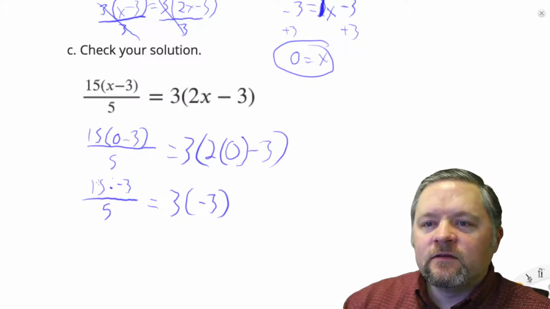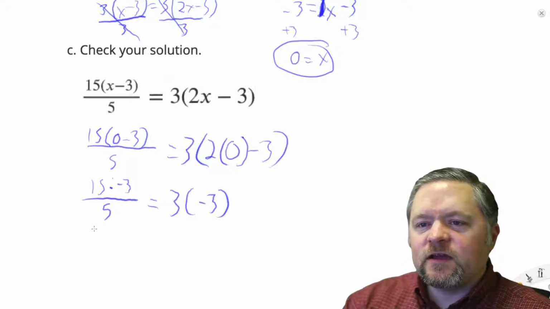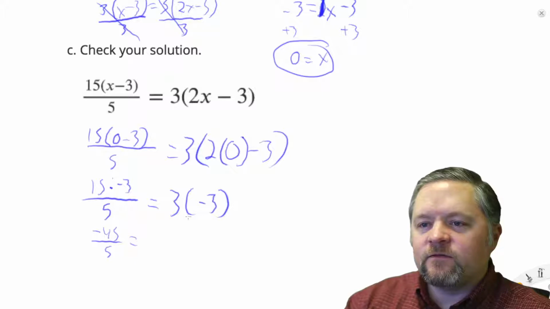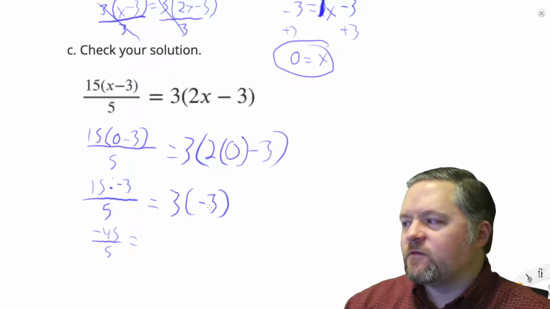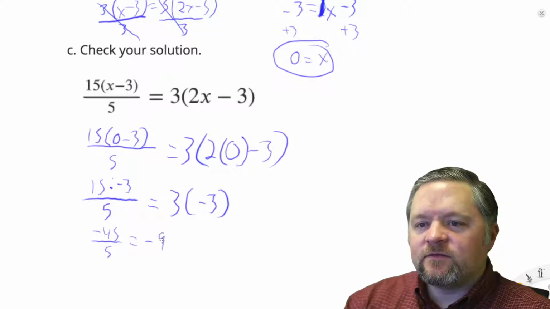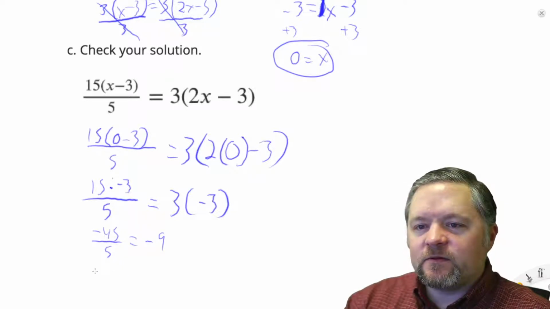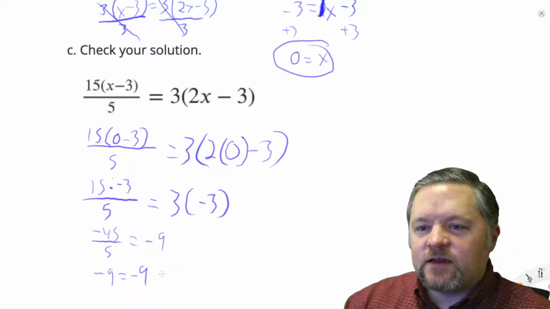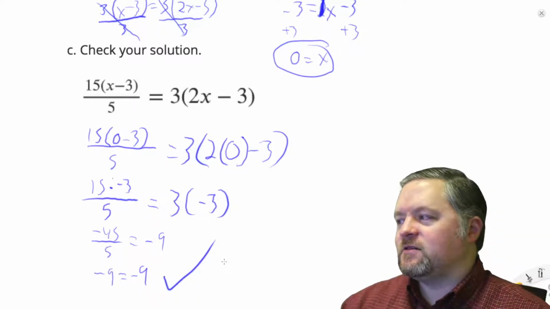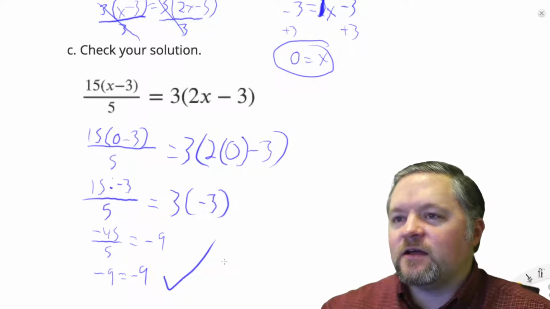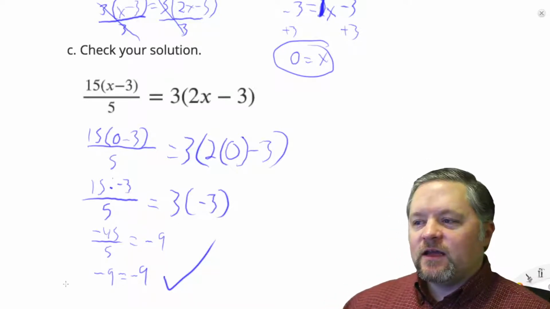Okay? 15 times negative 3 is negative 45 over 5 equals 3 times negative 3 is negative 9. Now let's check this side. Negative 45 divided by 5 is negative 9. Does negative 9 equal negative 9? Yes, it does. That's a big old check mark. I love it when I check my work and it works out right.